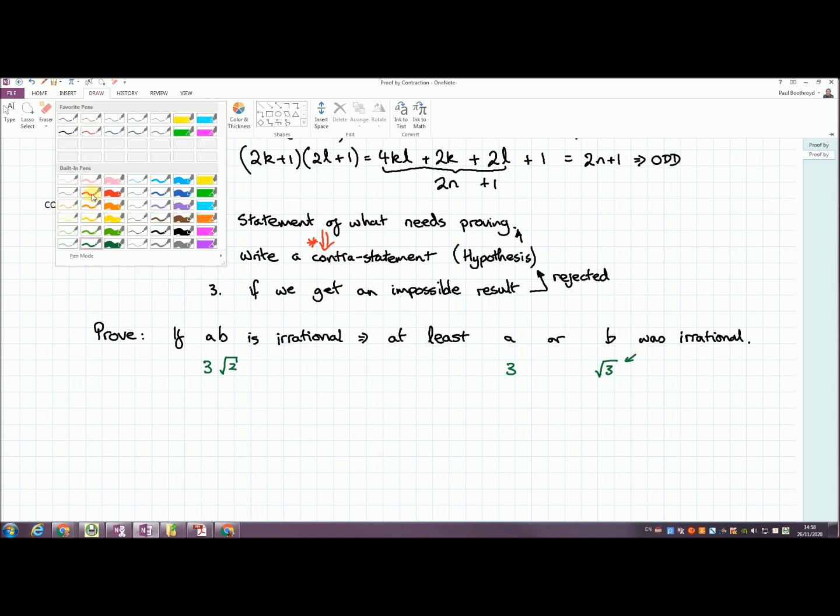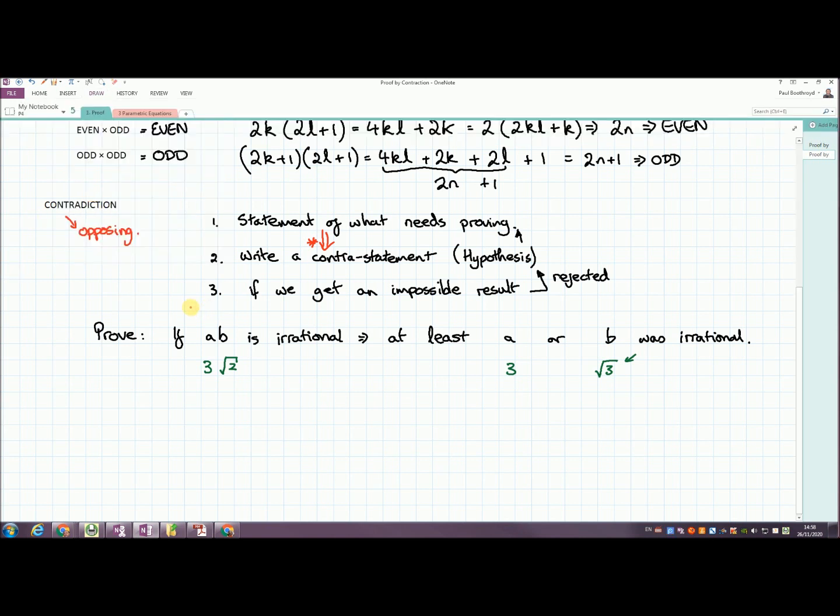So our contra statement in this case is, if AB is irrational, so the first part we're going to take as true, the reverse of at least A or B is irrational is to actually turn around and say neither A nor B is irrational.